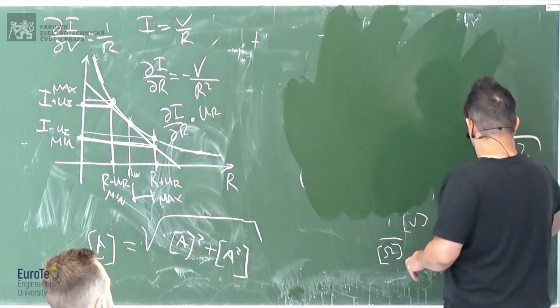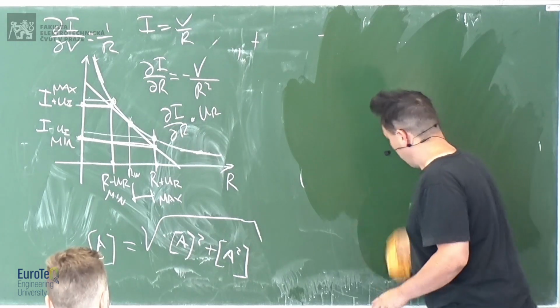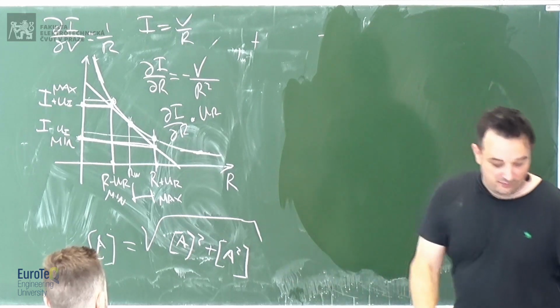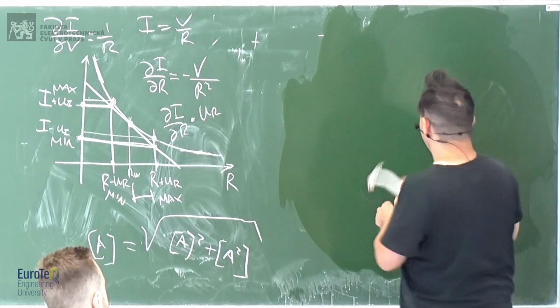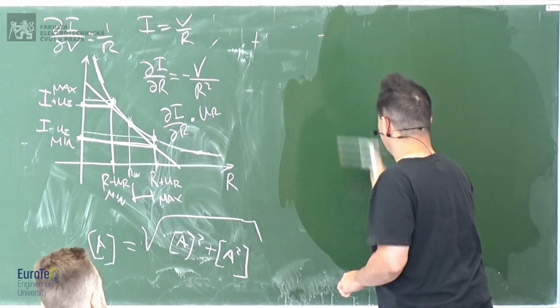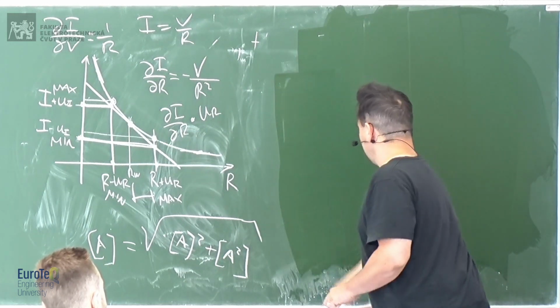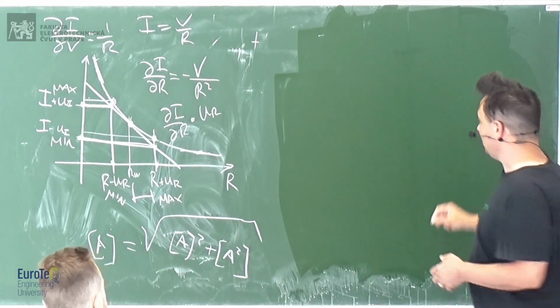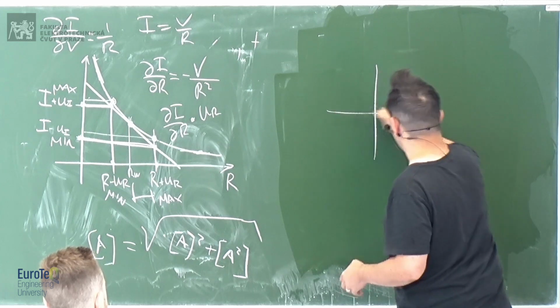In other words, if you plot... this is, from the statistical point of view, not very correct, but I will try to say it in a way that it can be understood, even if not precise enough.